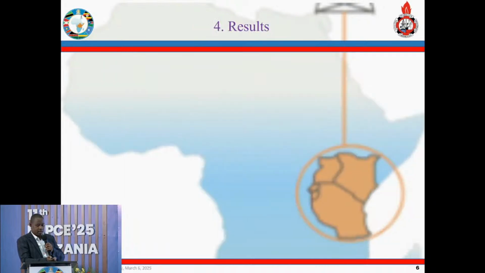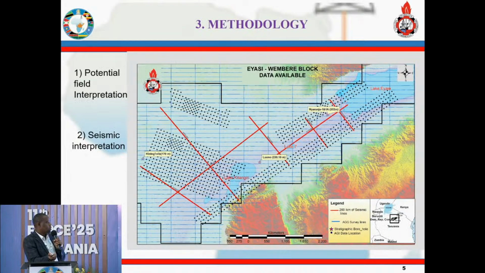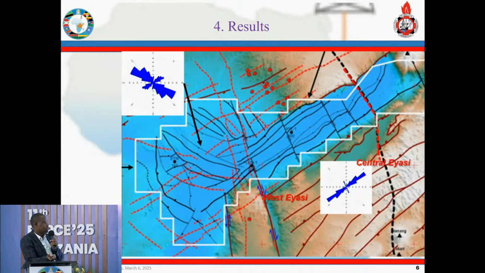So this study concentrates much on potential field interpretation and also seismic interpretation. And these are the results, where we got most of the structures. As you see, on the western part of the area, most of the structures run southeast-northwest.